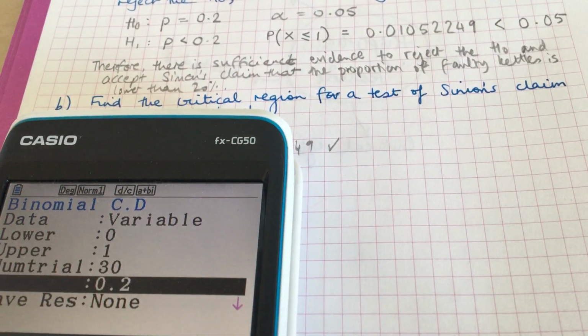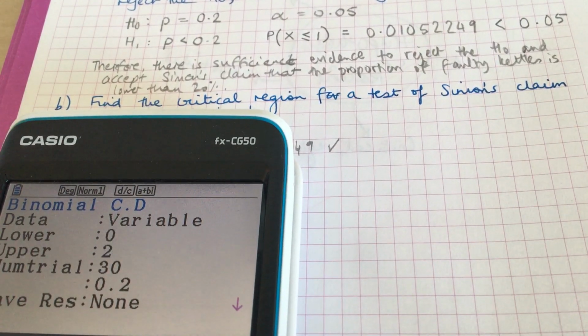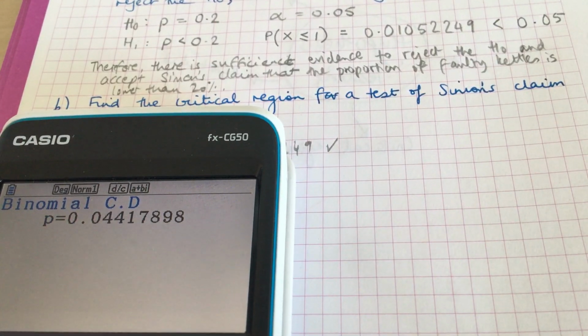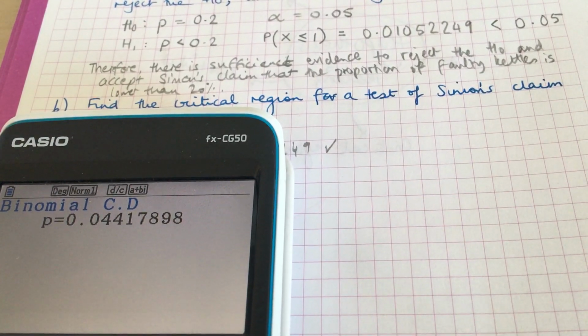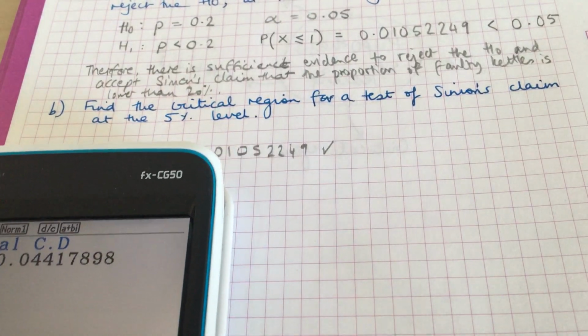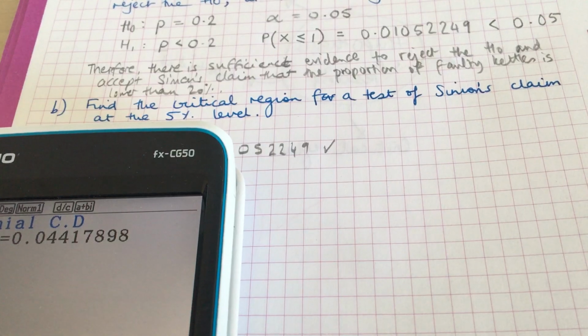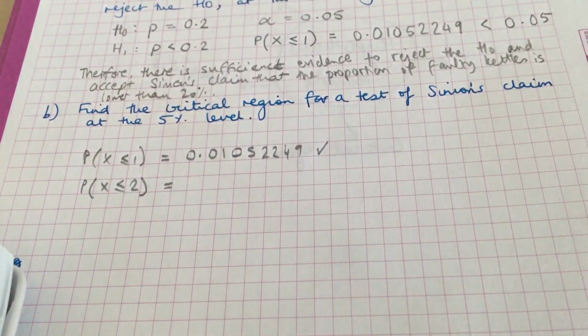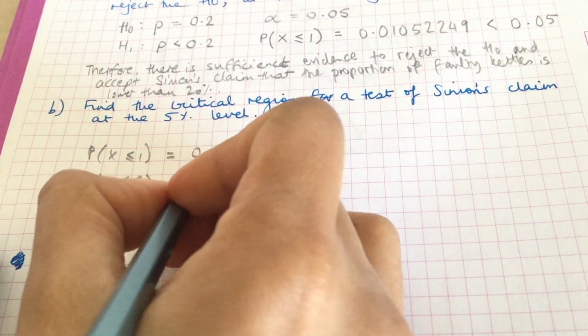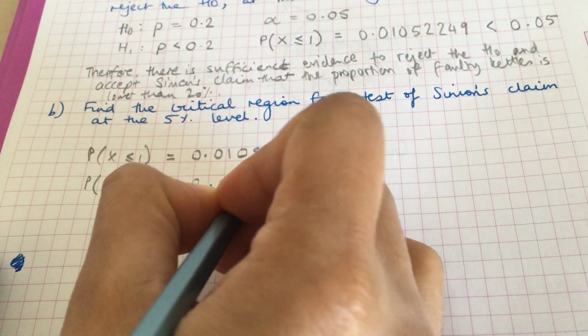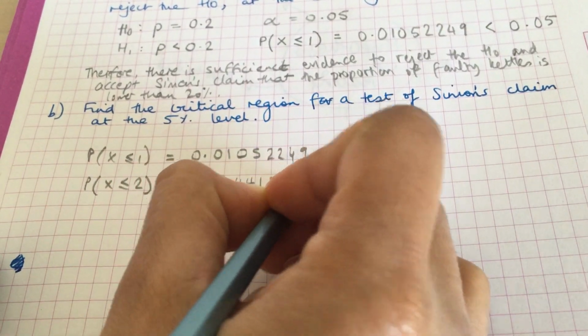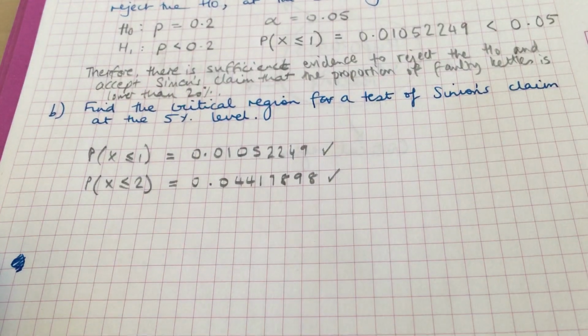So we go back to the calculator, we make the upper bound 2 now, and we press execute. And we can see there that it's actually quite close to our significance level, which is 0.05. So if I just write that down. So this is still within the rejection region.